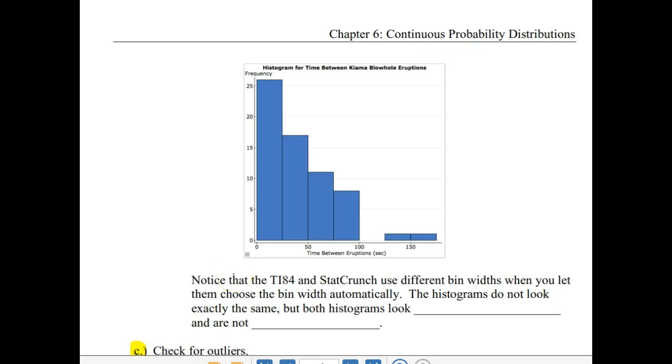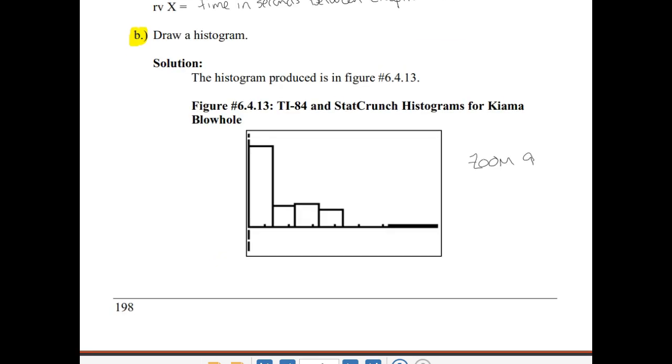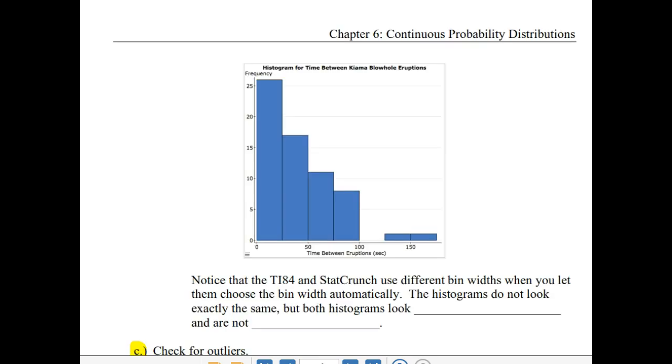So again, we notice that these 2 graphs are slightly different because the calculator is picking a slightly different bin width than StatCrunch is, but either way, even though they don't look exactly the same, both of them have the same basic shape, which is a right skewed graph. So notice that the TI-84 and StatCrunch use different bin widths when you let them choose the bin width automatically.